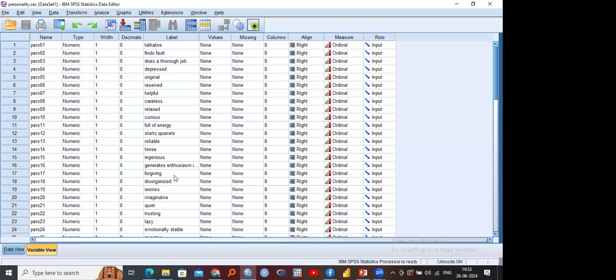Let us try to reduce the dimension. Let us try to group these 44 variables into highly correlated components or highly correlated factors. So for that, we will perform factor analysis or principal component analysis. Okay, I hope the data is clear to all of you.